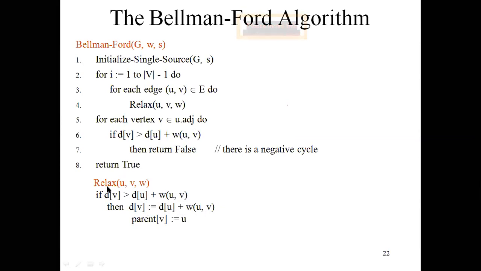Since we are checking the minimum value, we compare d of v with the sum d of u plus w of u comma v, and we take the minimum value at vertex v. This is the minimum value we have taken at vertex v. Now we can update the parent of v, that is u. uv is the edge we considered. So the parent of vertex v is u.